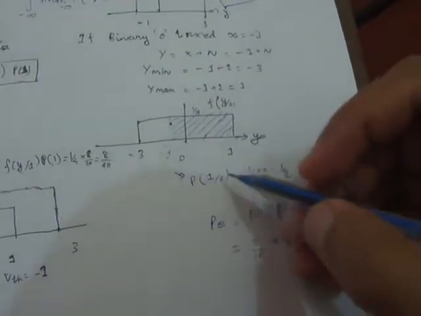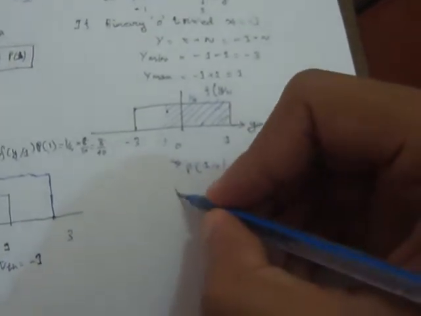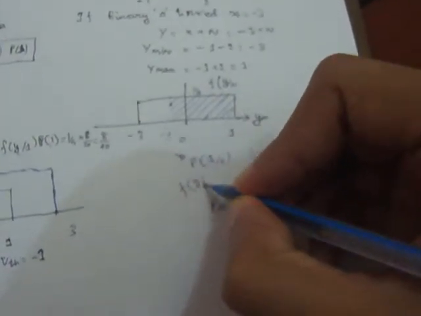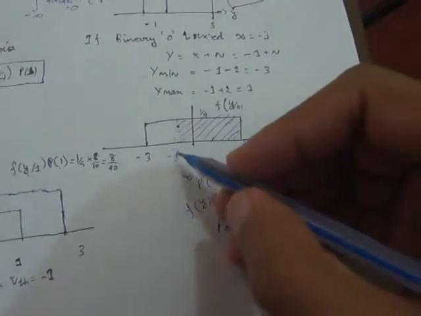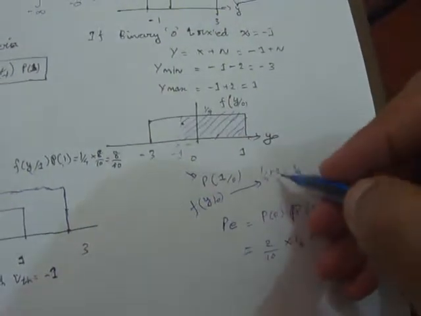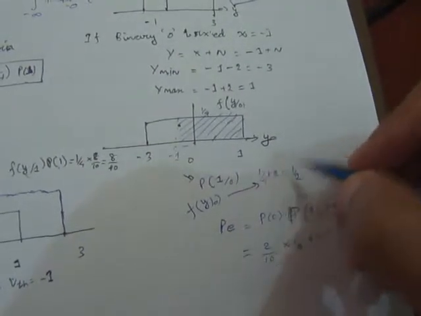Here the fy given 0 is transmitted is 1 by 4 and the total width here is 2, so we are getting 1 by 2, that is P of 1 given 0 is equal to 1 by 2.